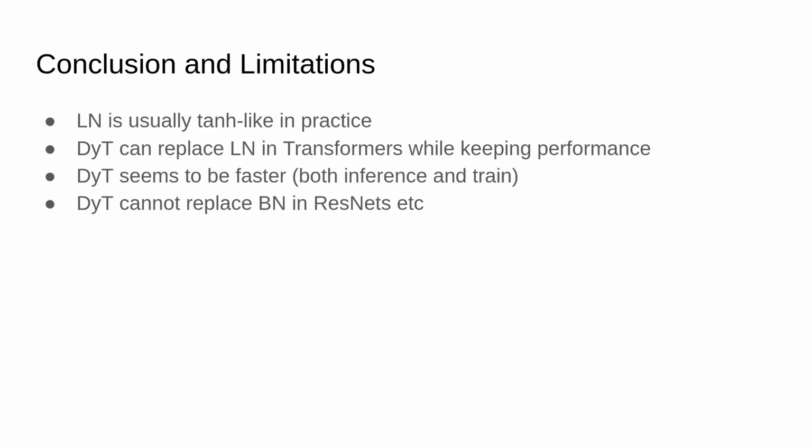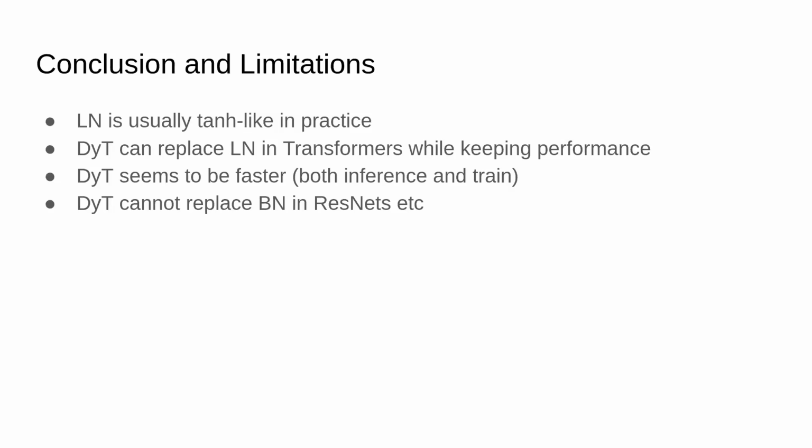This is basically how I would think about this paper. And then they show, again, you can replace the layer normalization or other layers like RMS normalization with this dynamic tanh layer, and you get pretty much the same performance over a lot of tasks.